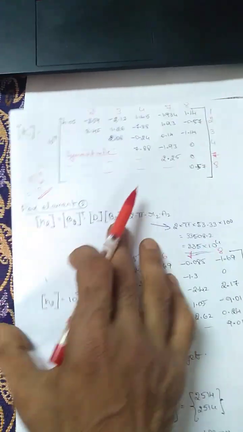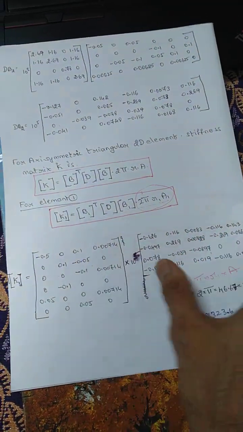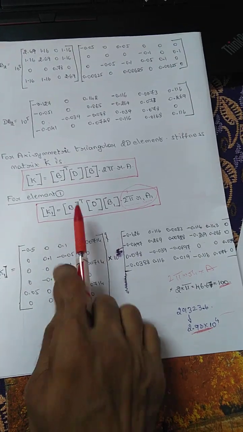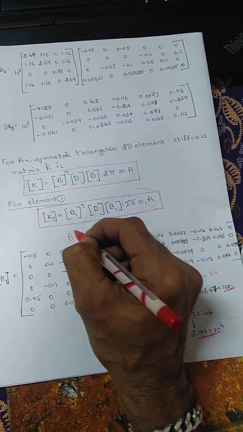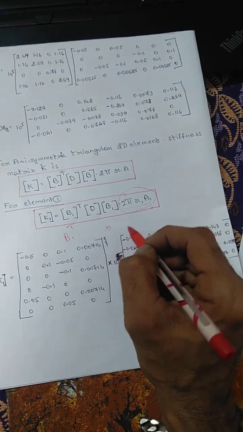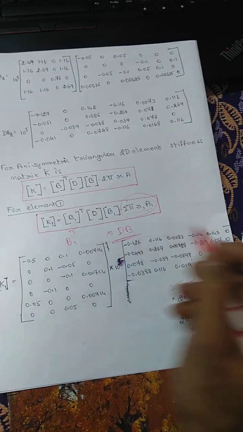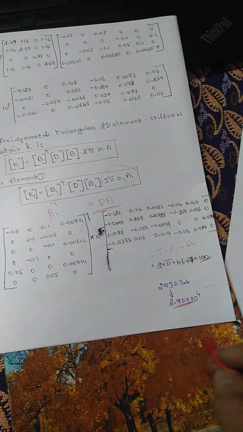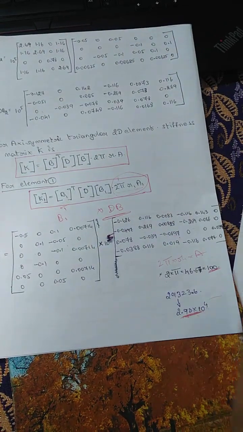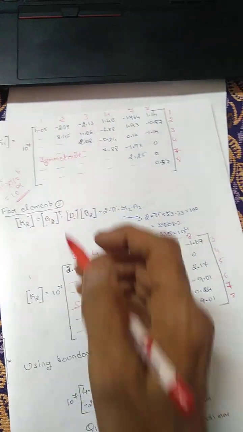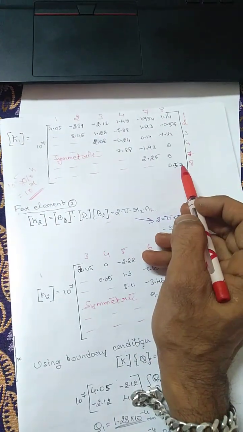So after solving this, this is B transpose into DB, this is B1 transpose into DB, and this value 2.93 into 10 to the power 4 is also included along with this. After solving I'll get this answer.